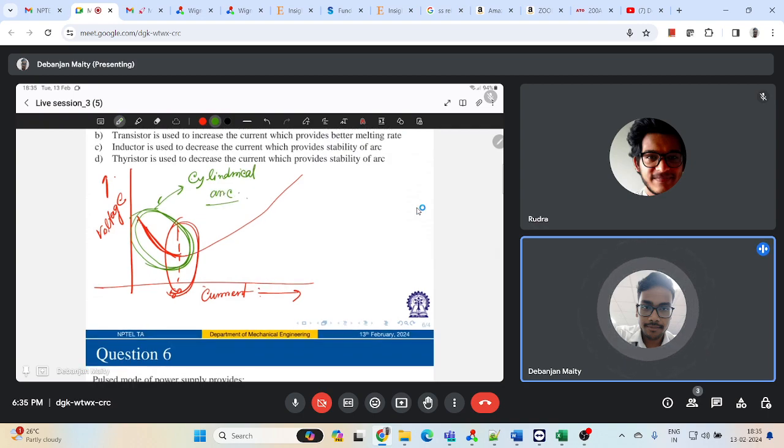And what can you say from a cylindrical arc? The surface to volume ratio of a cylinder decreases with increasing radius, right? So the area by volume ratio decreases if my R increases.